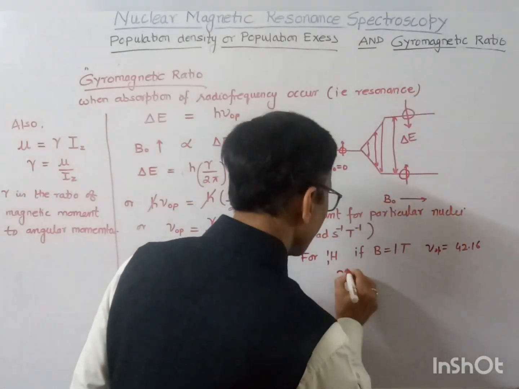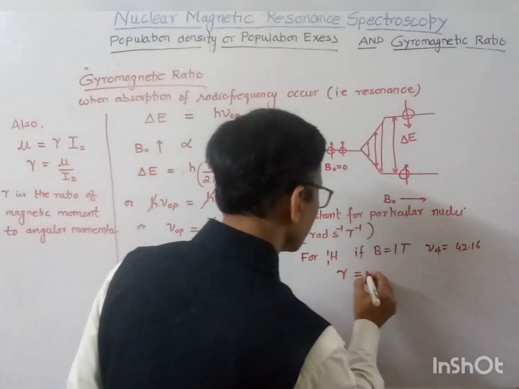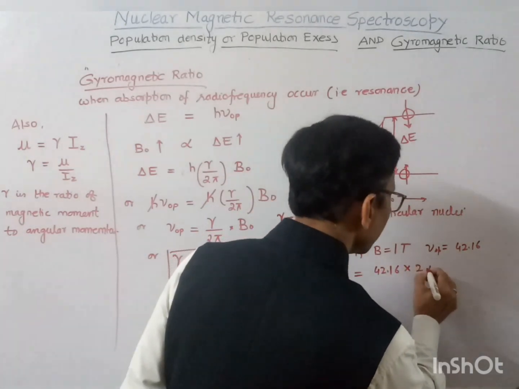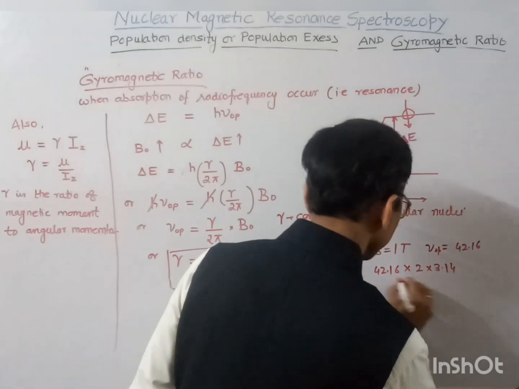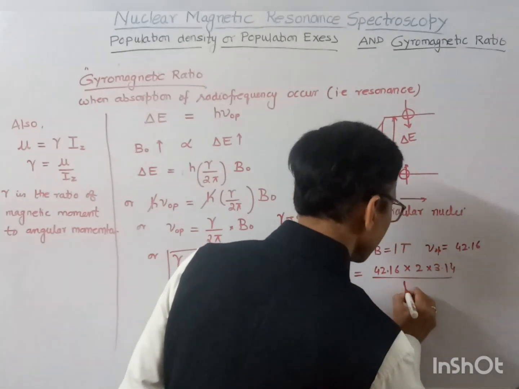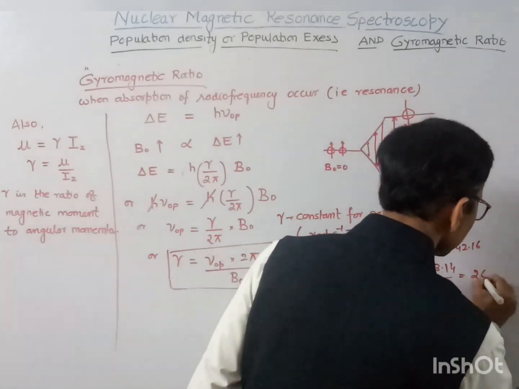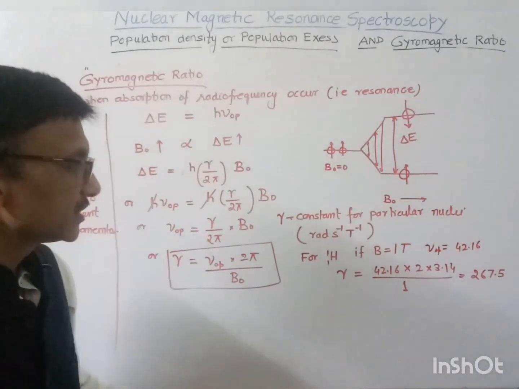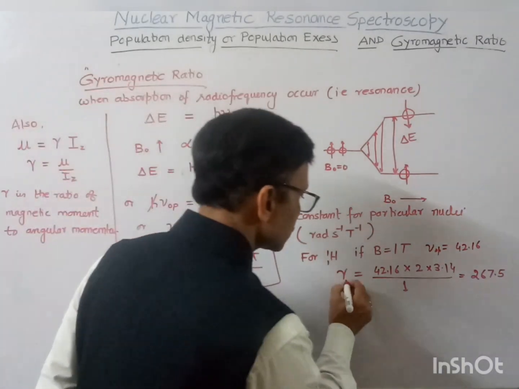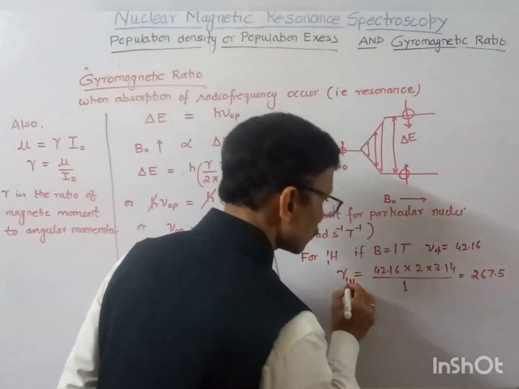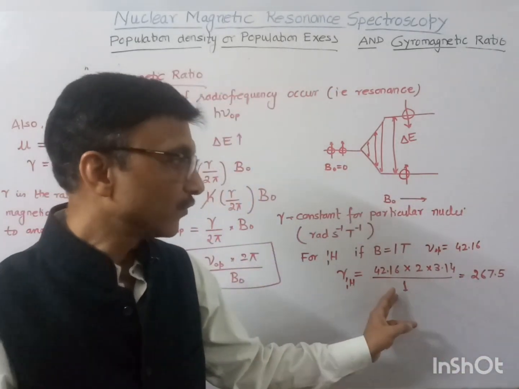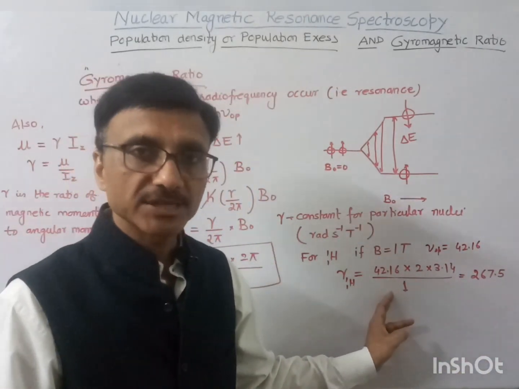Then gamma is equal to 42.16 multiplied by 2 multiplied by 3.14 divided by 1 Tesla. This comes out to around 267.5. This is the constant value for the proton at 1 Tesla external magnetic field.